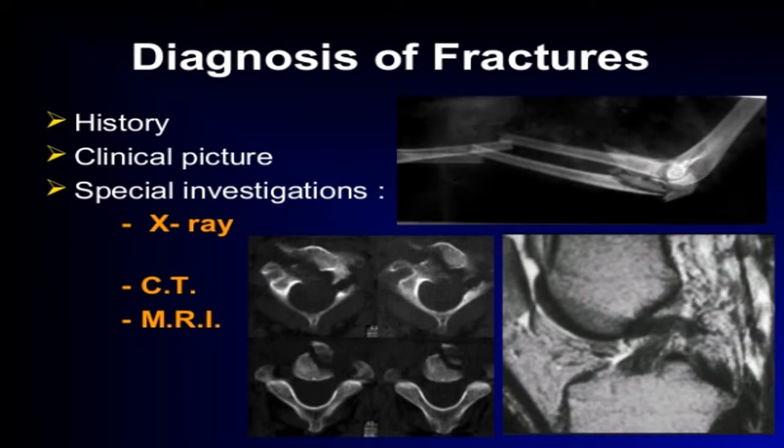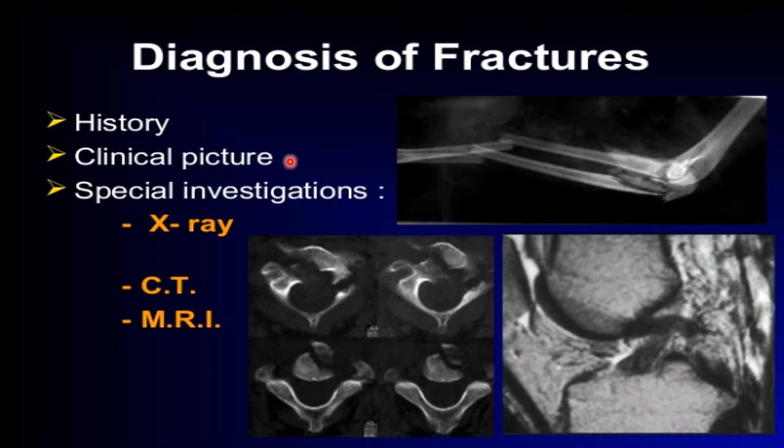So, how do you diagnose a fracture? First, the history of an injury or trauma, or the history of an infective process involving the bone, or a history of a bone swelling, which may be a tumor in the bone, or deformity of the bone in pathological fractures prior to the actual fracture.